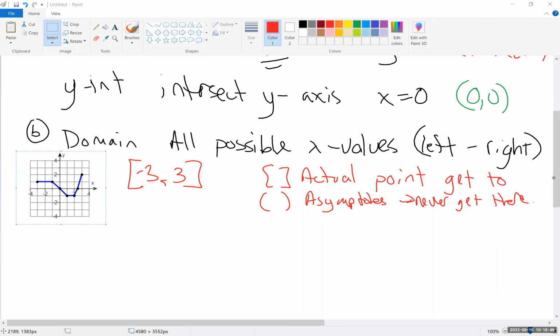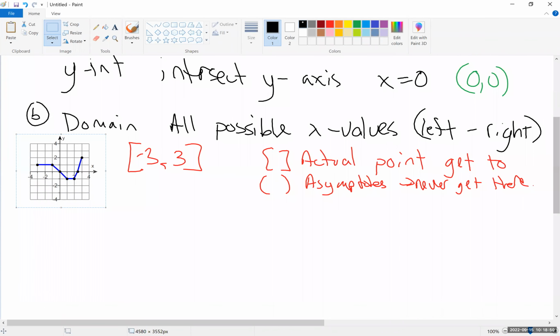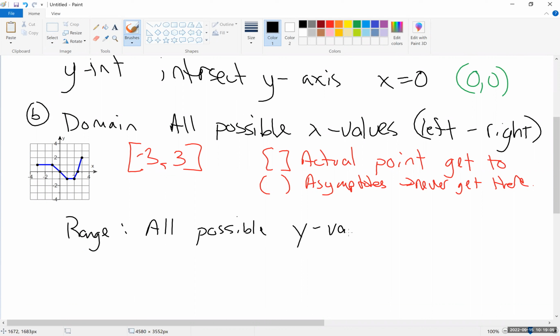All right, so we moved our graph down here and got a new clean one in there. We're going to do range next. Range is all possible y values, and you're going to be thinking about going down to up.